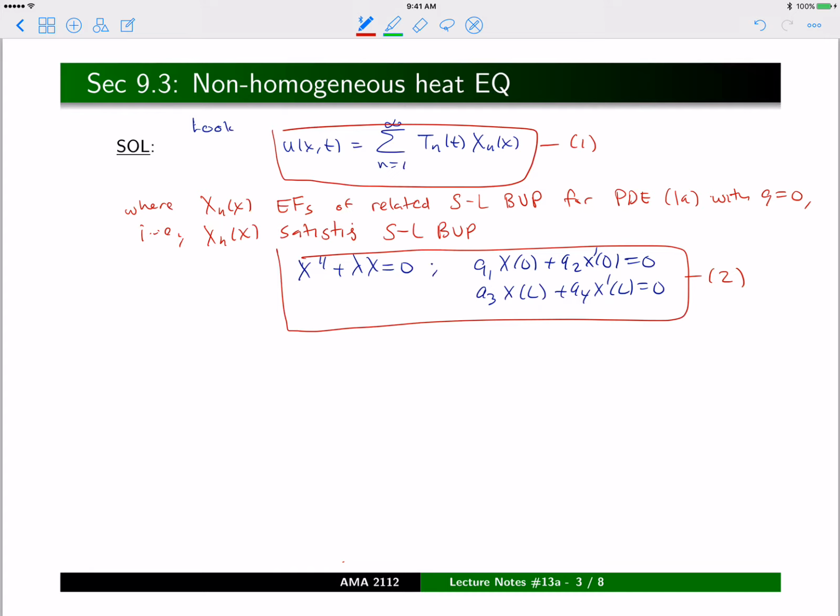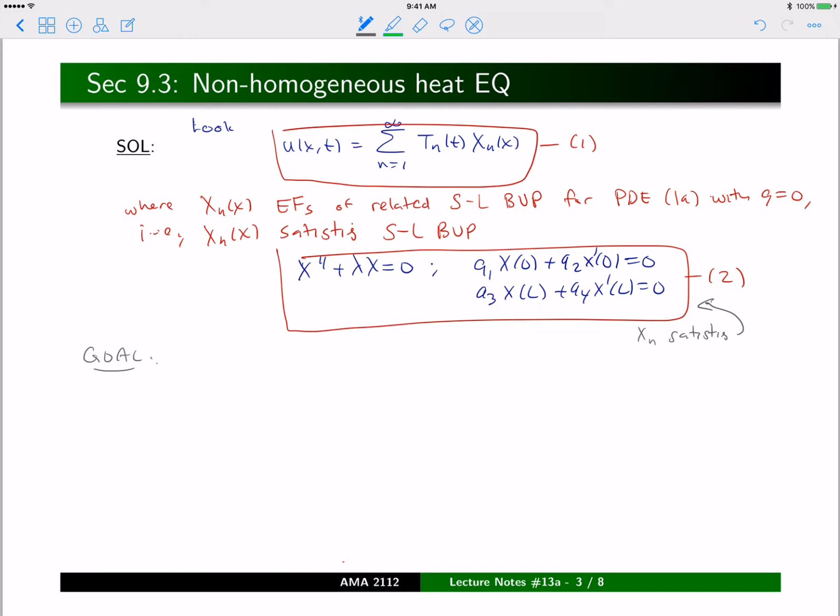Now, we know what these Xn's are. Xn satisfies this. There's a bunch of them.